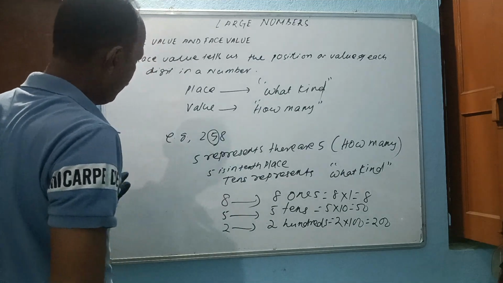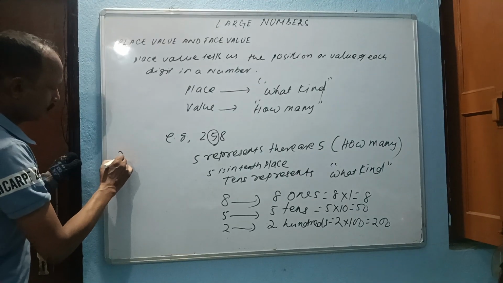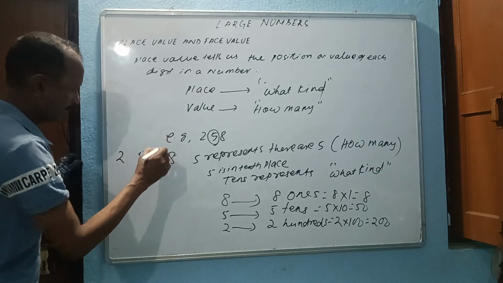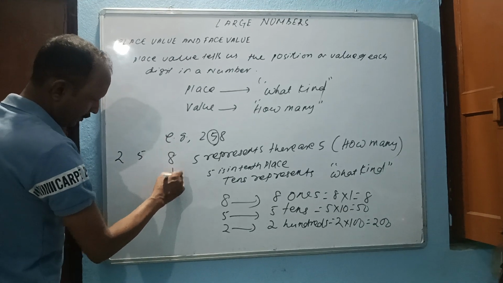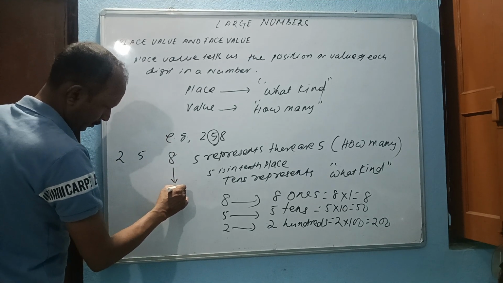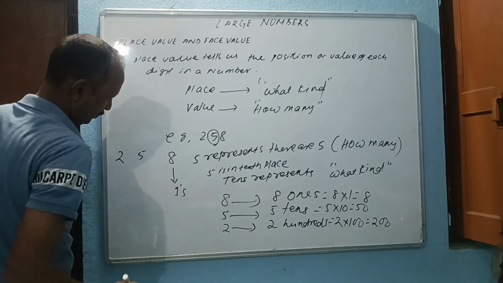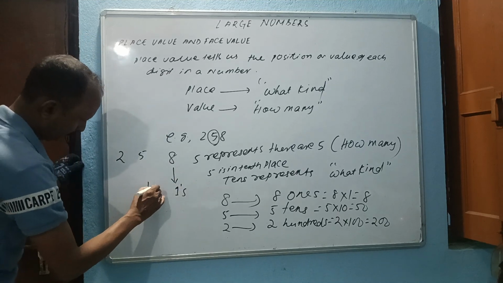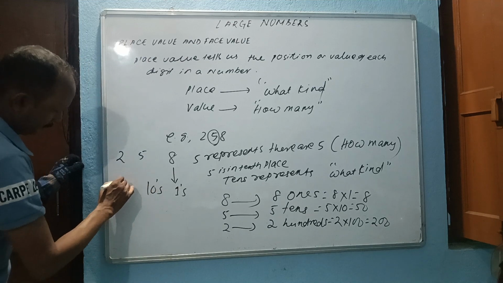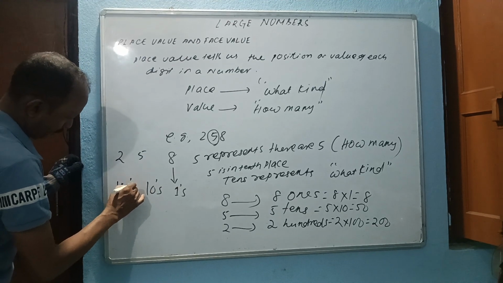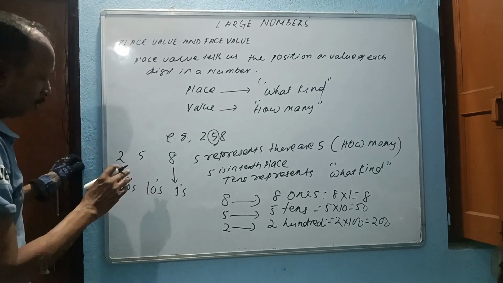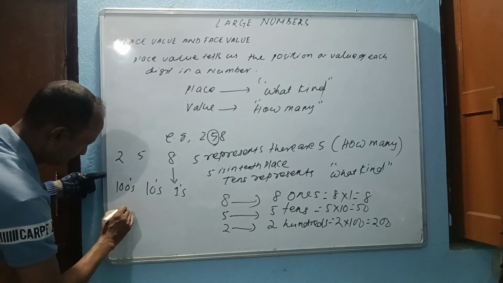Now I can write that this 258, this is in ones place. This is in tens place. This is in hundreds place.